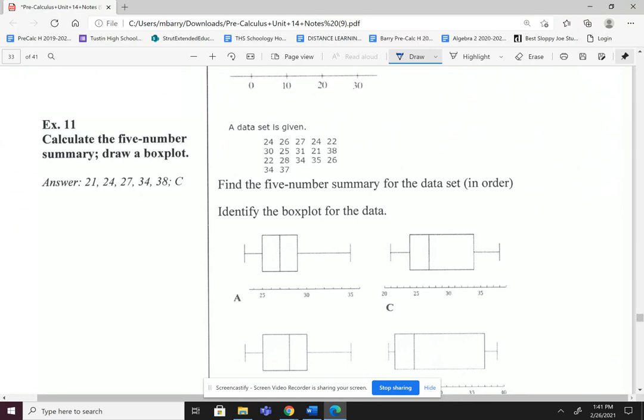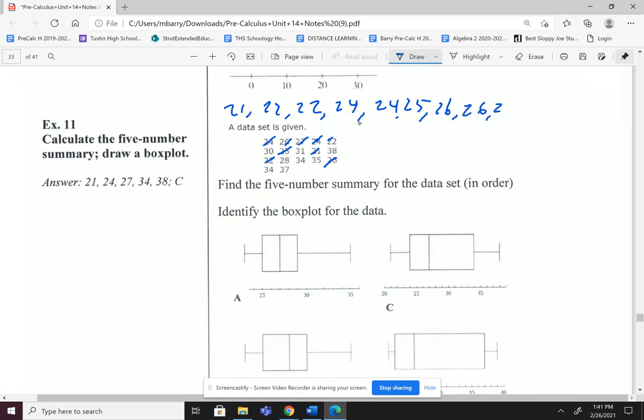All right, so we got 21 is our smallest number. We have 22, 22, 24, 24. All right, and then I have a 25 in there. 26 and 26 again.